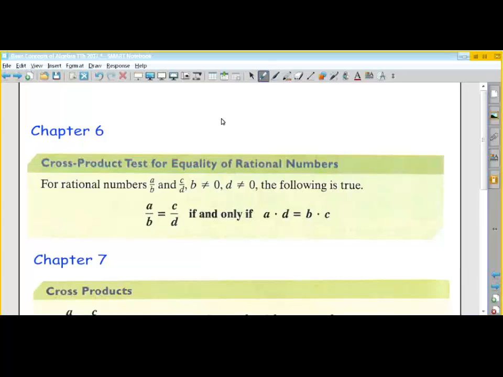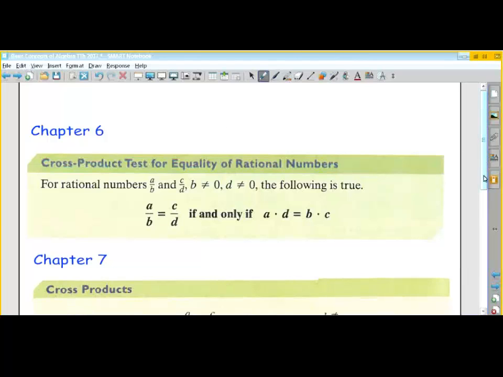For these 2 ratios to be equal, the cross product, the numerator times the denominator from one side to the other, is equal to the opposite. So we get A times D is equal to B times C. That was in chapter 6, where we were talking about the equality of rational numbers.